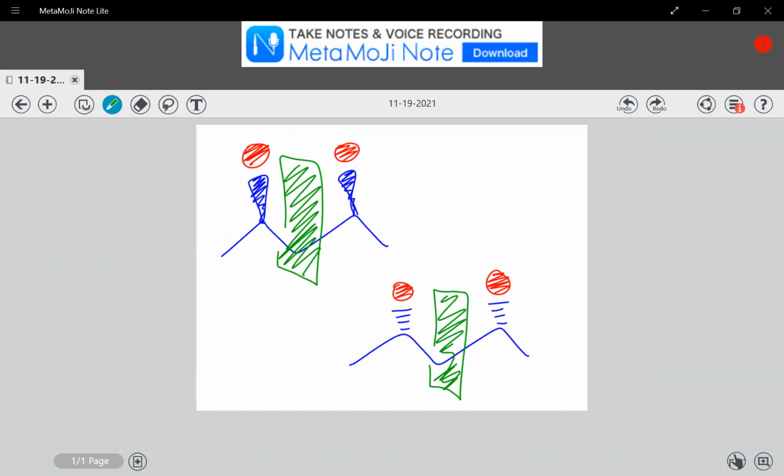How do I know? Well, they're not mirror images. Just look at them. This guy's got two shaded wedges, this one's got two dashed wedges. They're not mirror images, which means that they're not chiral. And that's usually the easiest way to find the meso compound. Check for symmetry, check if they're mirror images of each other. If they're not, then guess what? They're meso.